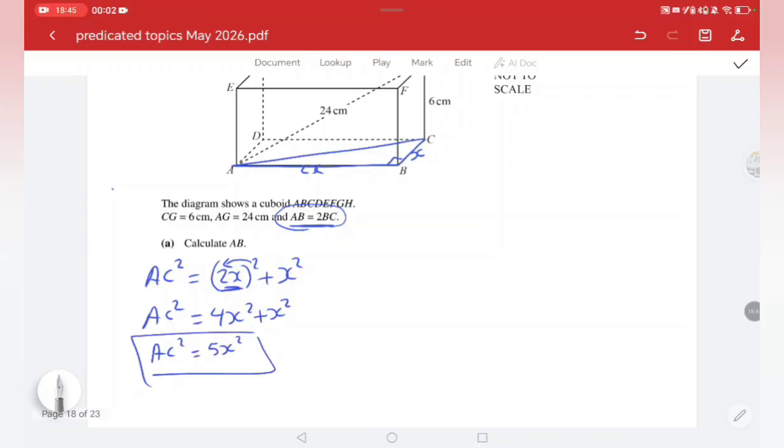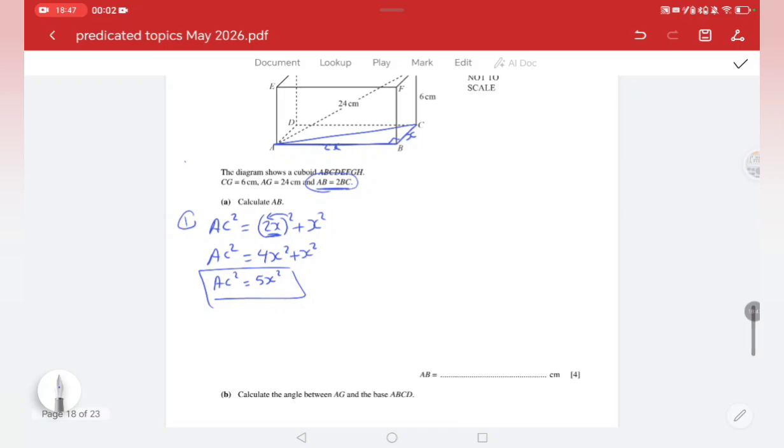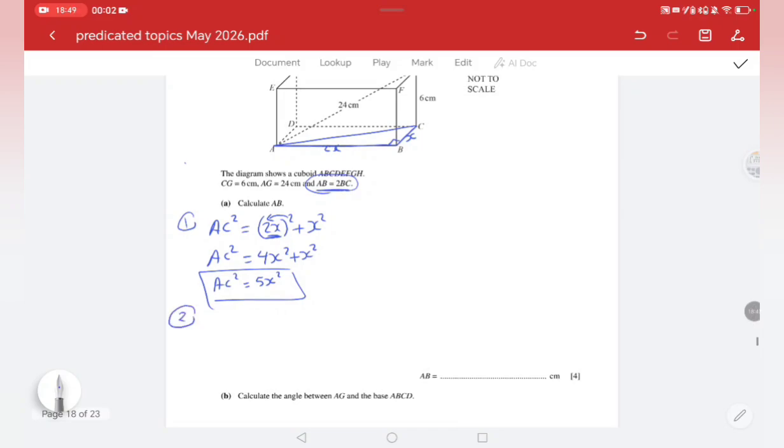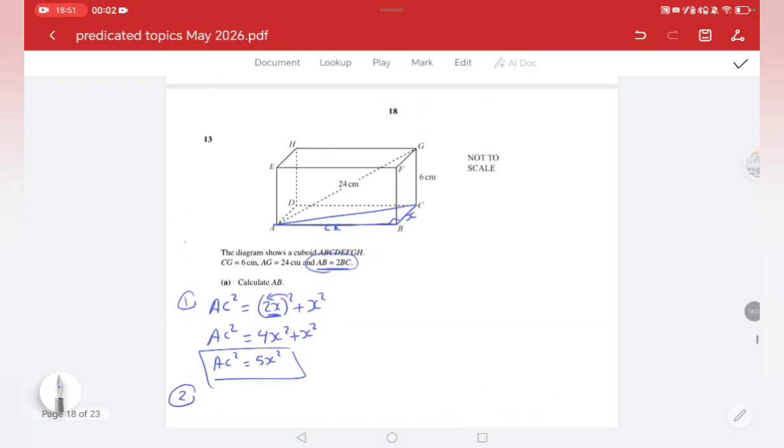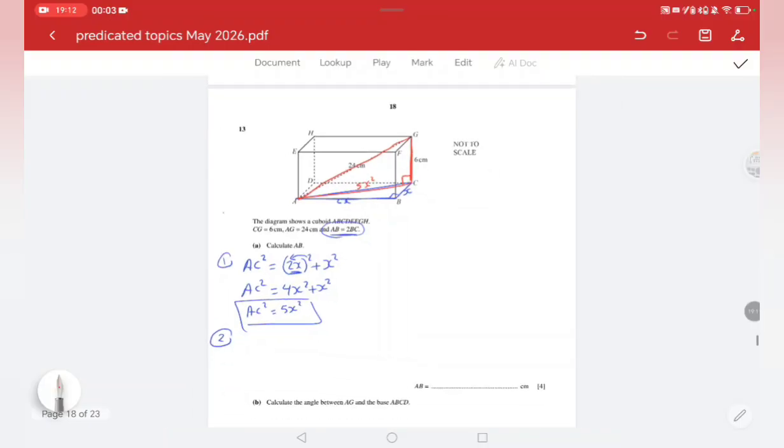Remember this one. So this is the first step. The second step: I know that this one is 5x squared. You have here 6, and you have here this side 24. So you can use this right angle triangle to find x. How to do that? Pythagoras again.